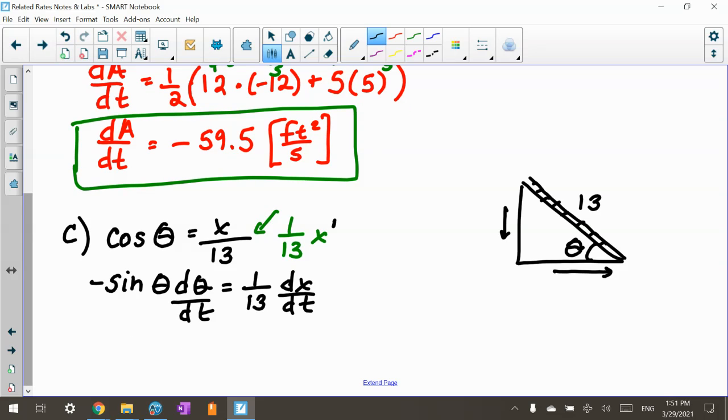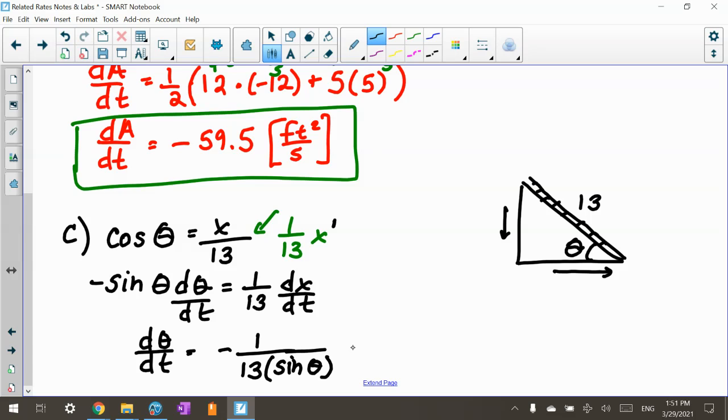Now, after we do that, I'm actually going to solve for d theta/dt. So I'm going to write d theta/dt, just so I can plug everything in, it's going to be, if I divide by that, negative 1 over 13 times the sine of theta. I'm just going to put it here.